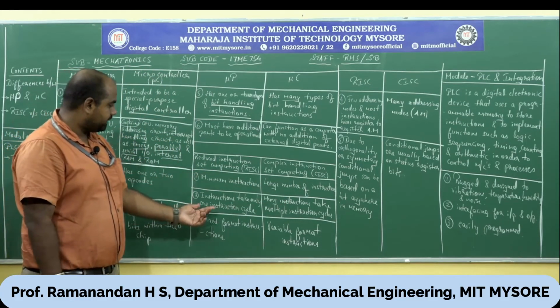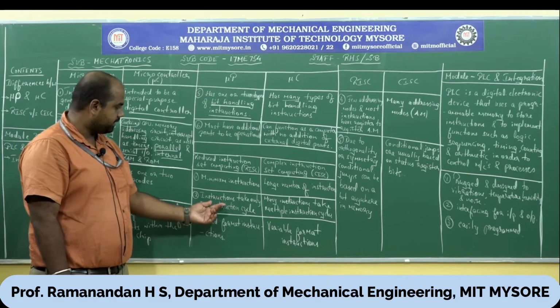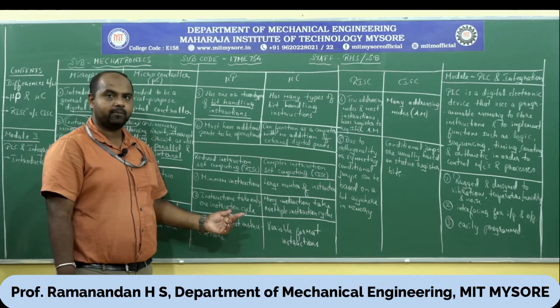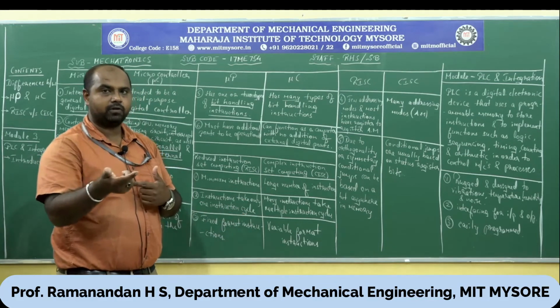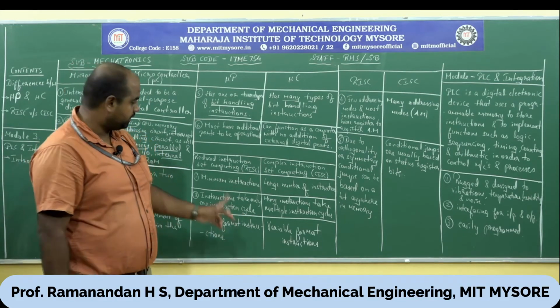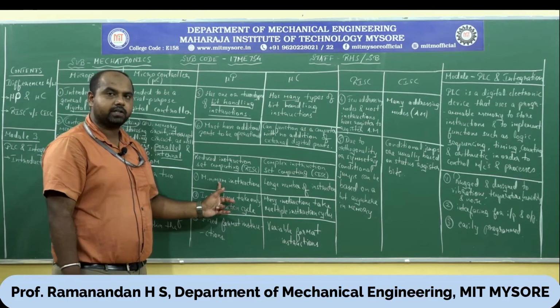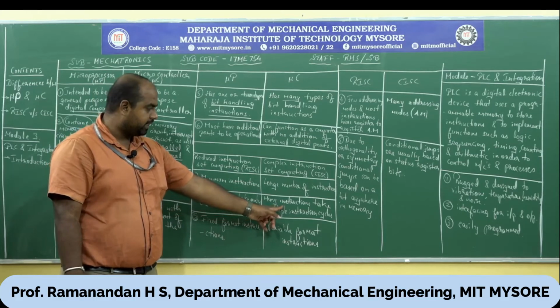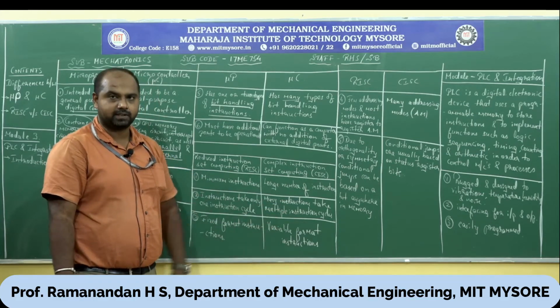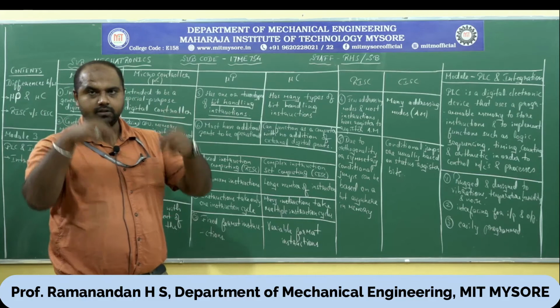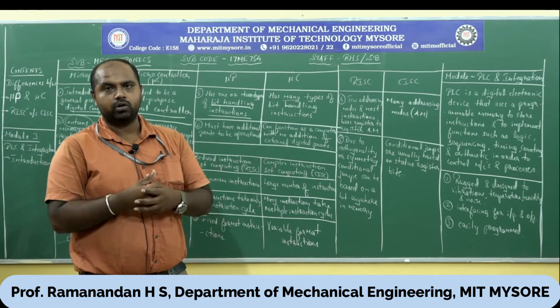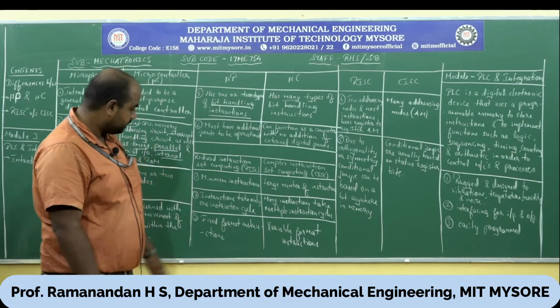The next difference is related to the same thing, which I have already mentioned. In RISC, an instruction takes only one instruction cycle. So it gives you output within a very short span of time because it takes only minimum instruction, and its processing speed is more. On the other side, many instructions take multiple instruction cycles because the system is loaded with so many instructions, so it obviously takes more time for execution.